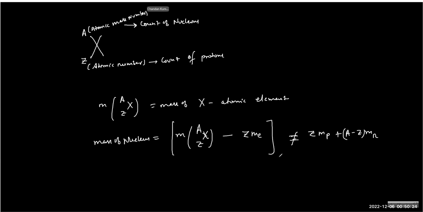There is always a difference. However small the difference may be, it is sufficient for the creation to happen. And the difference converts into energy, which we call binding energy. So the next concept here is binding energy.